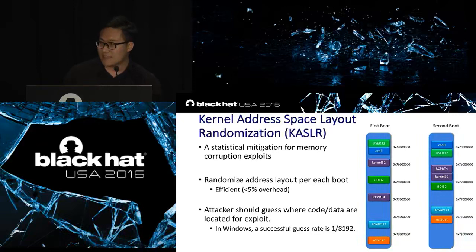Since it randomizes the location of the code and data, the attacker needs to figure out where the code or data is to launch a successful attack. It is a very effective mitigation. For example, in Windows, there are over 8,000 locations where the kernel can be located, so the attacker's success chance is less than 1 in 8,000.